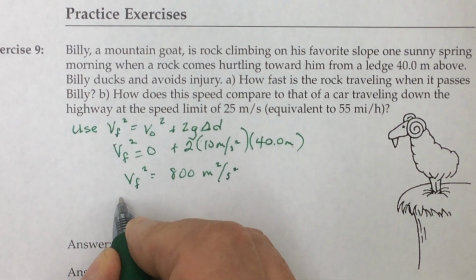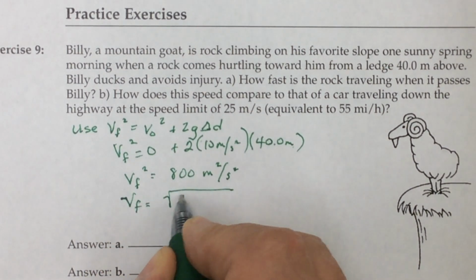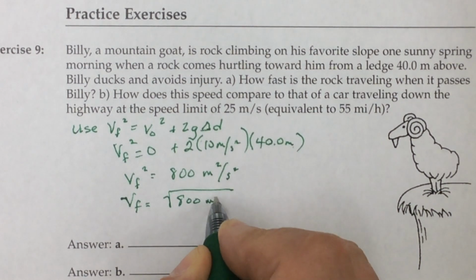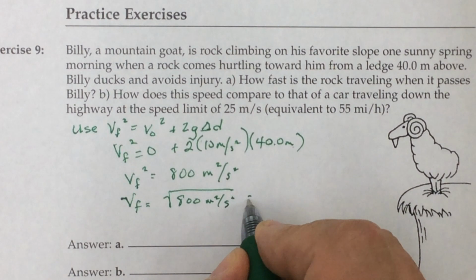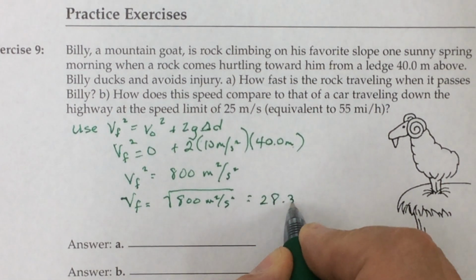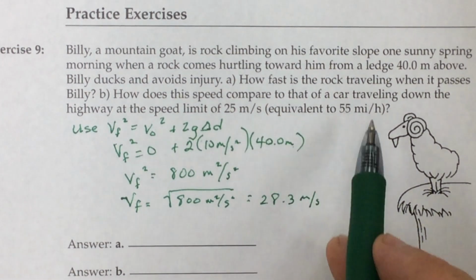So v sub f is going to be equal to the positive square root of 800 m² over s², which is going to be equal to 28.3 meters per second. It asks you a really neat question.